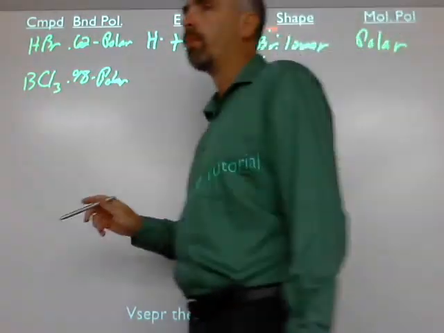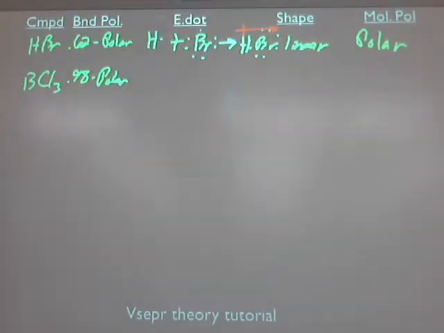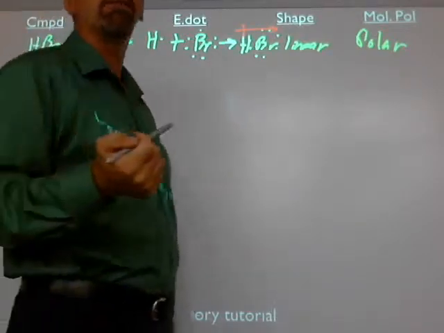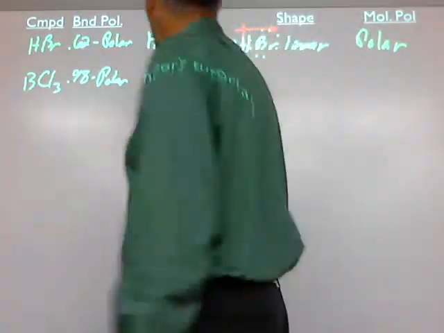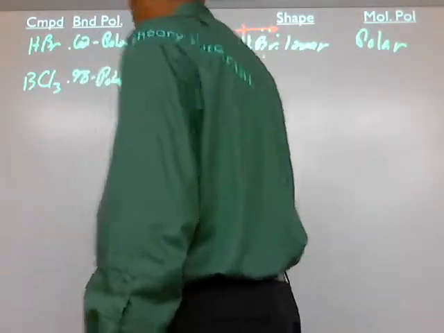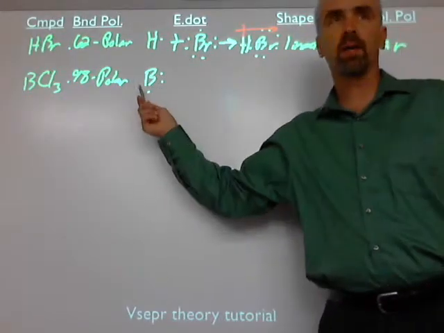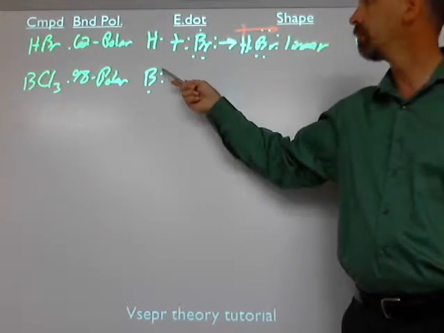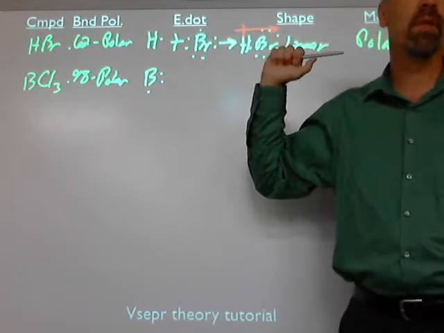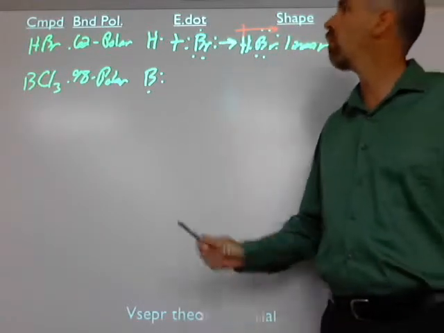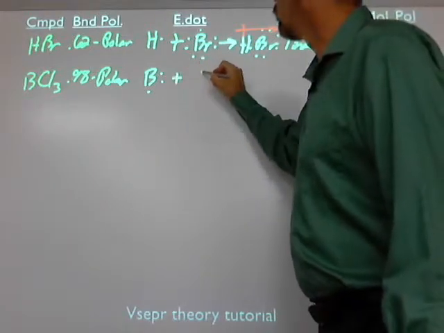All right, how do I do boron? Well, boron is going to be kind of weird. All right, there he is right there. Boron is kind of an exception to the rules. He only has 3 electrons in his outer shell, and how many more would he need? 5, right? He's not going to get 5 more from chlorine, because chlorine looks like this.